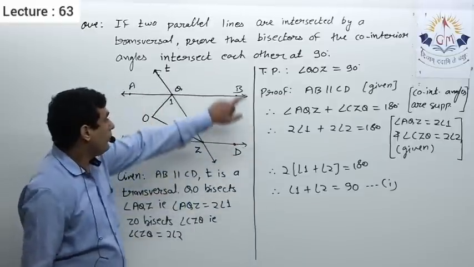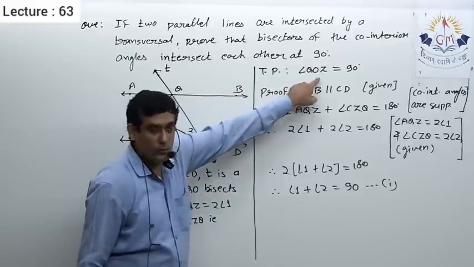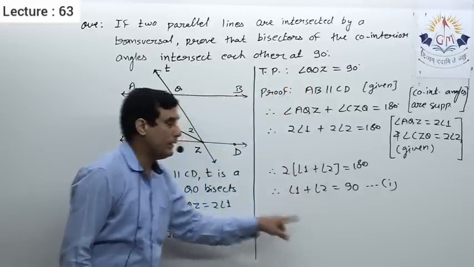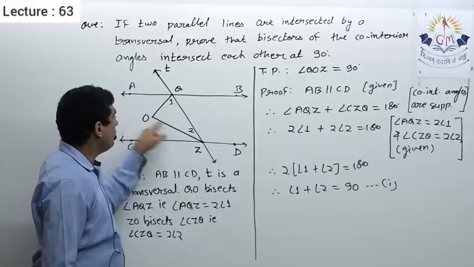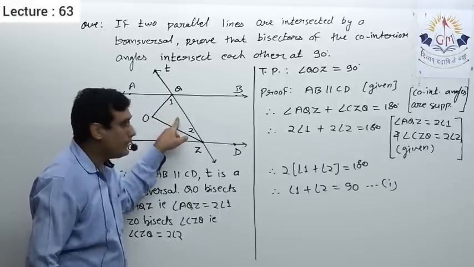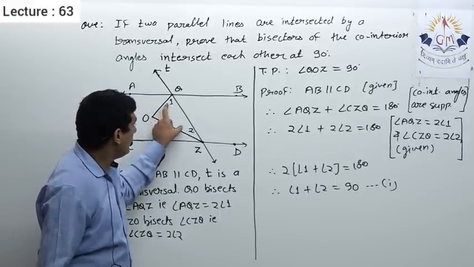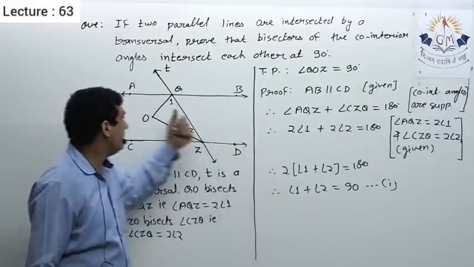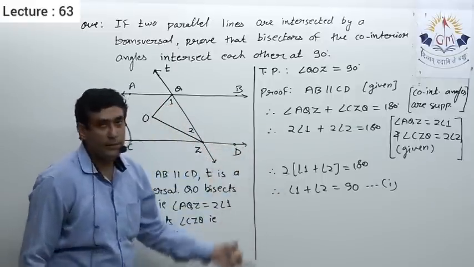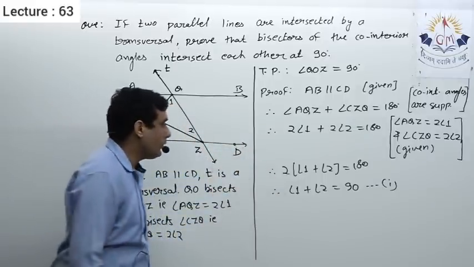Now see what we have to prove, QOZ equal to 90. Here we got 1 plus 2 is 90. Now in triangle QOZ, if I apply the angle sum property, so 1 plus 2 plus O equal to 180, and 1 plus 2 is already 90. So obviously angle QOZ will be 90, and that was actually what I was required to prove.